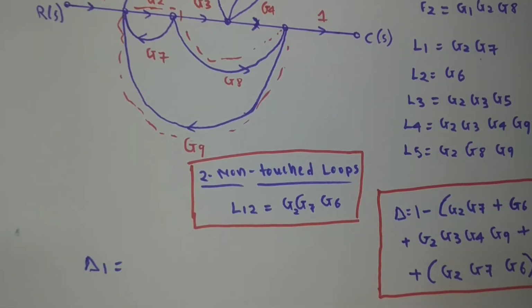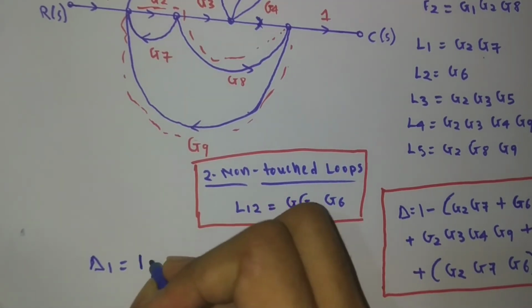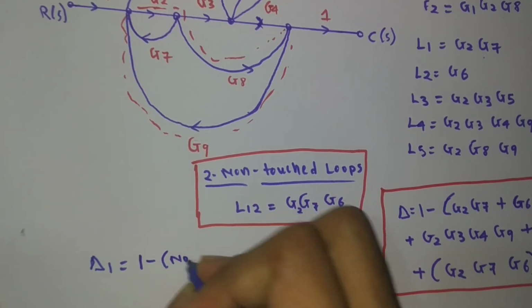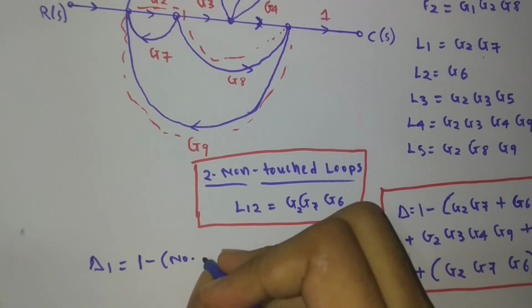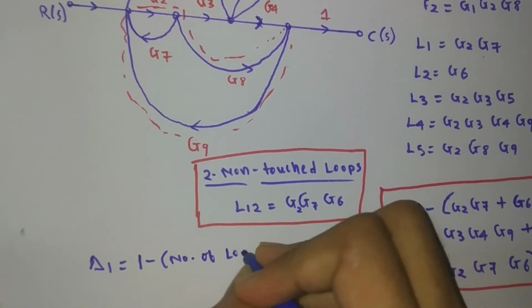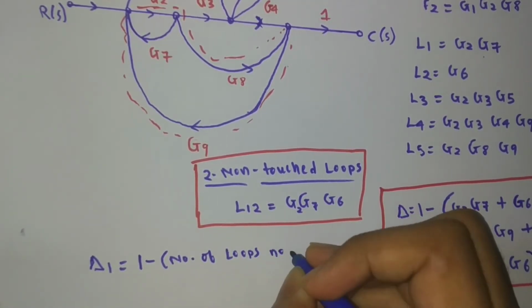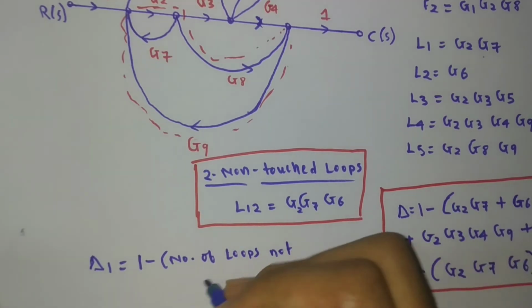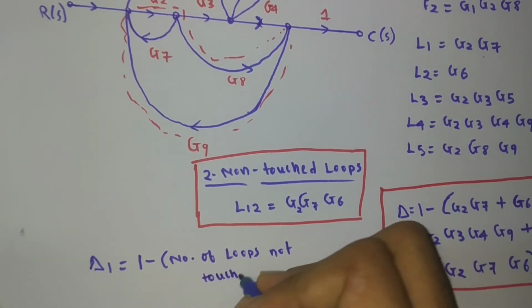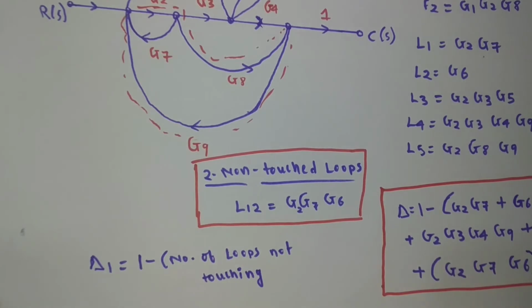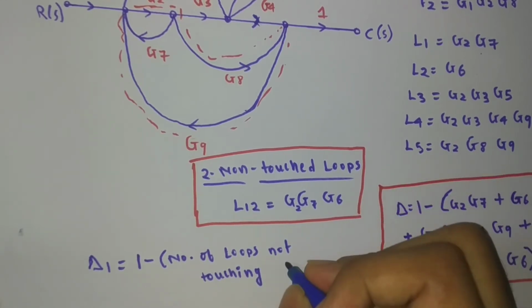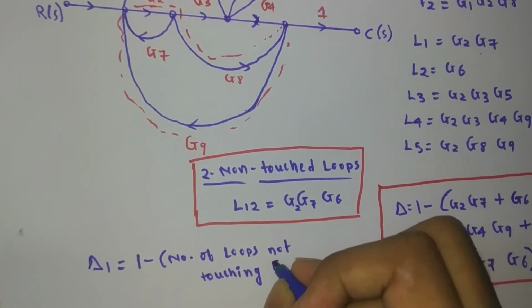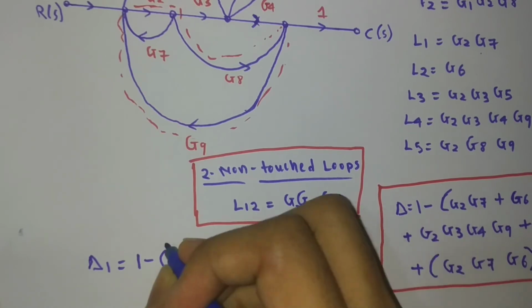Now what is the formula actually? The formula is 1 minus the number of loops not touching F1, the first forward path.